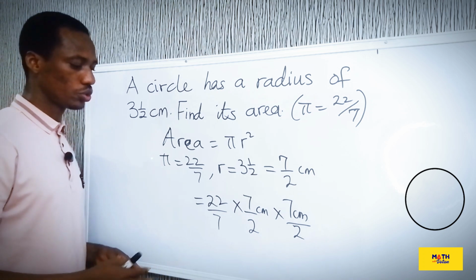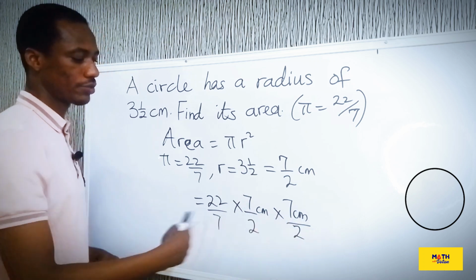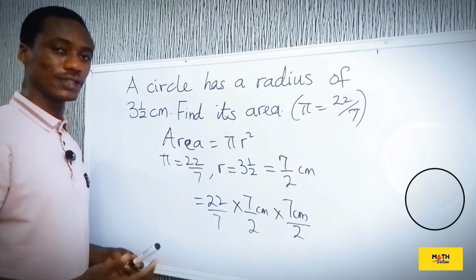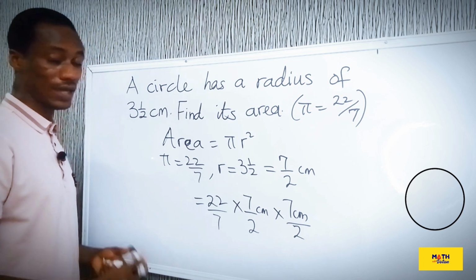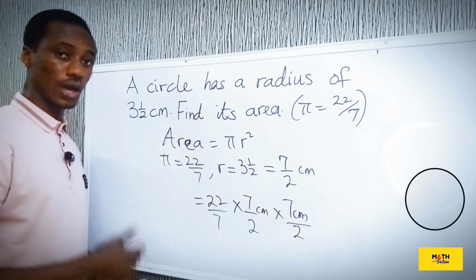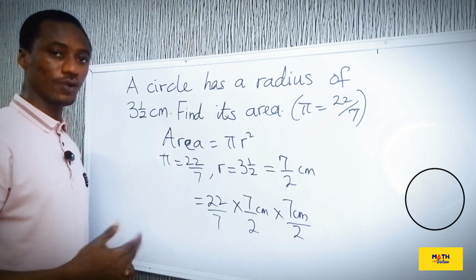So before you multiply numerators and denominators, check if there's a way you could simplify by dividing the numerator and the denominator that have common factors.